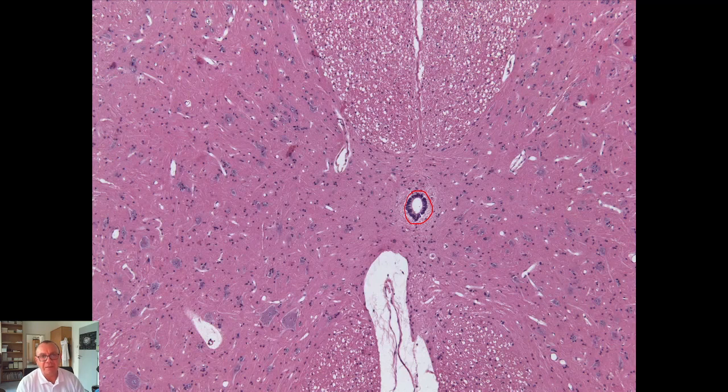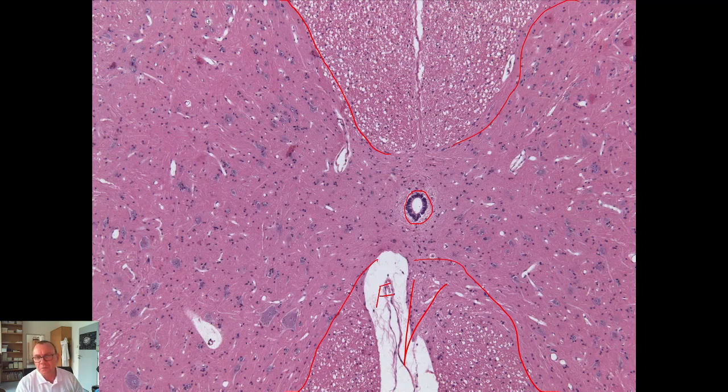Here we can see gray matter around the central canal, forming the wings of our butterfly, and as we can see the ventral median fissure here, we can be sure that this is the ventral surface or ventral side of the spinal cord.